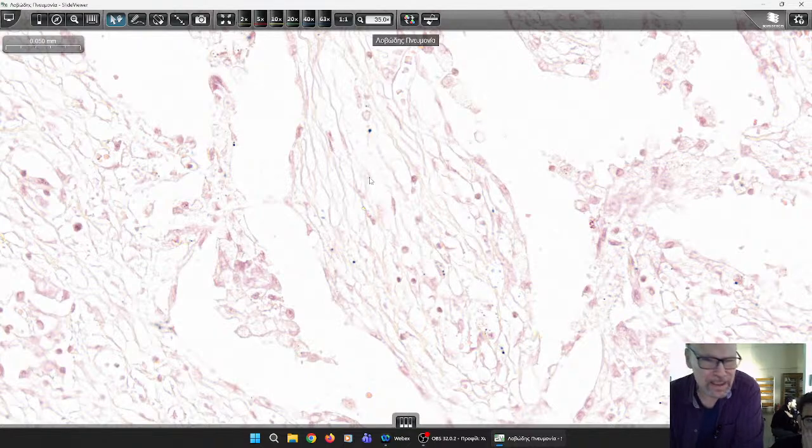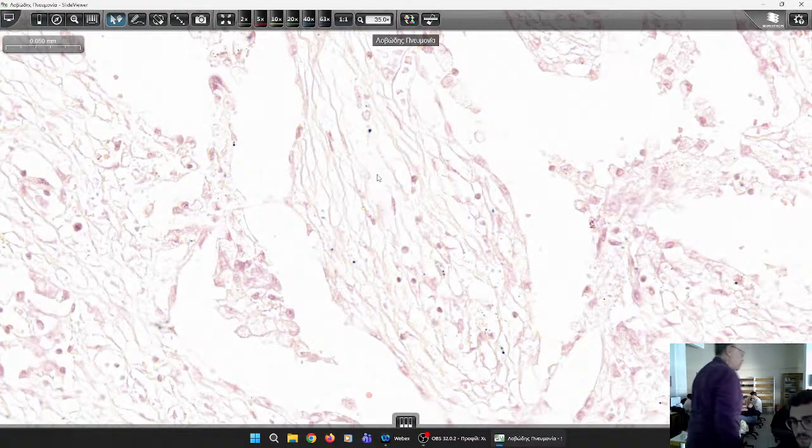And this is a hypocellular tissue. That means it's not so much a desmoplastic response. This is fibrosis. So it is an area of fibrosis, in this case, due to the organization of the exudate. It was not possible for the inflammation to go to lysis.